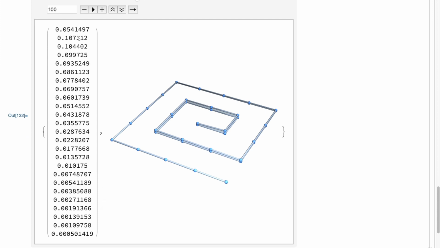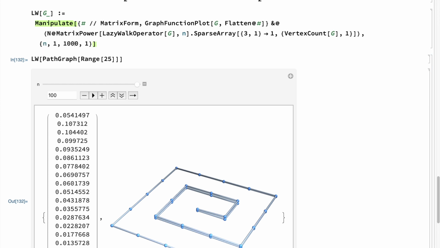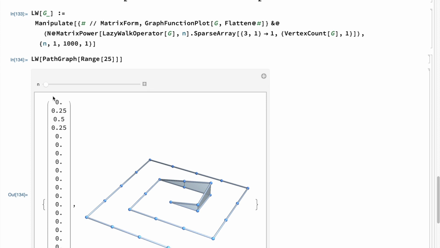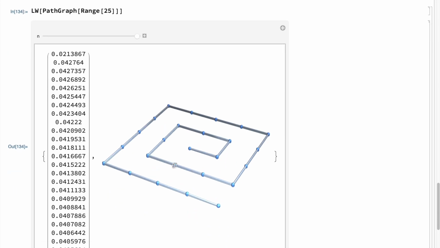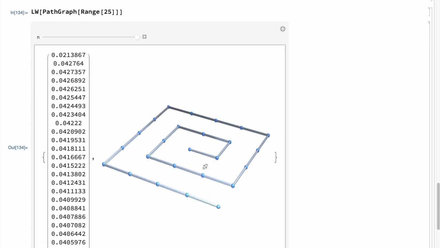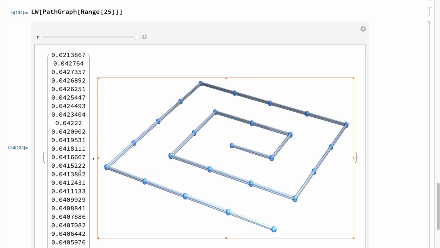You can see that even after 100 steps, these still reflect some bias towards your initial position. But if I increase it to, let's say, 1,000 steps, the probabilities are getting reasonably close to converging.